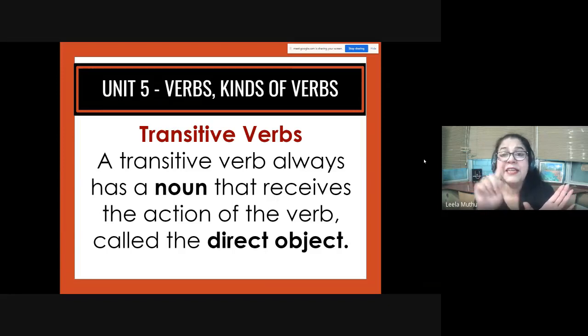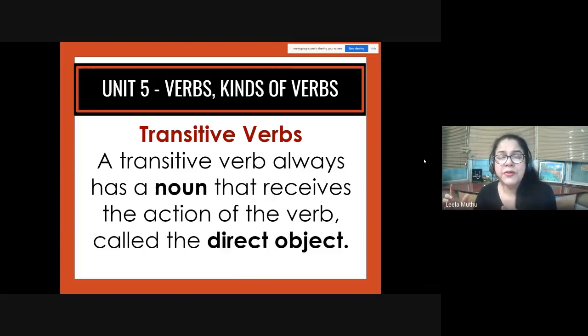Okay, and if there is an answer, and the answer is a noun or a pronoun, the verb is a transitive verb. Okay, so a transitive verb always has a noun that receives the action of the verb. Kicked the ball, kicked his friend, kicked Ravi, kicked him.